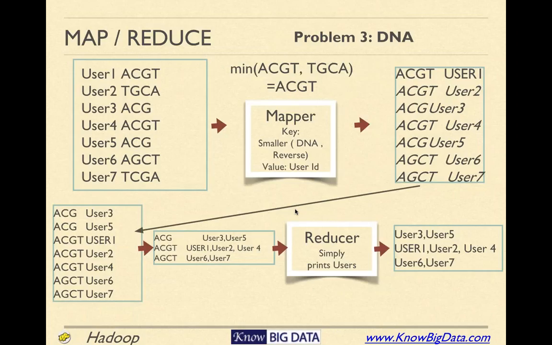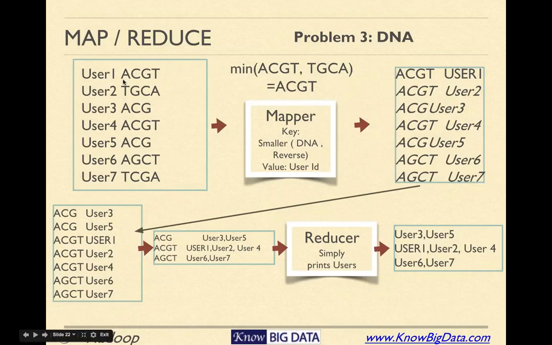The smaller of the DNA and its reverse is always going to be the same, whether we compare the reverse to the DNA or the DNA to the reverse. Therefore, we will be able to bring all these users together.